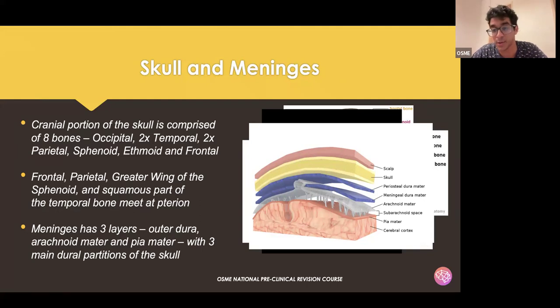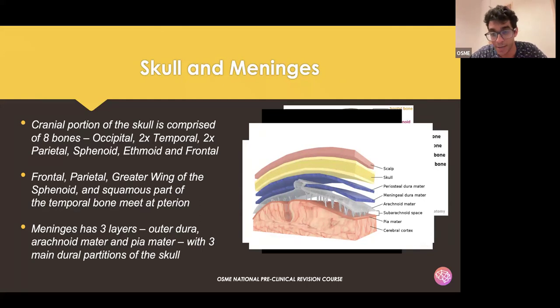So between the arachnoid and the dura, you have a space, which is where the cerebral veins sit. So if you have a subdural hematoma, that's what people are talking about. And you have an extradural hematoma, that would be one that's between the two dural layers, basically. So the next image I'll show you makes that distinction a bit clearer.